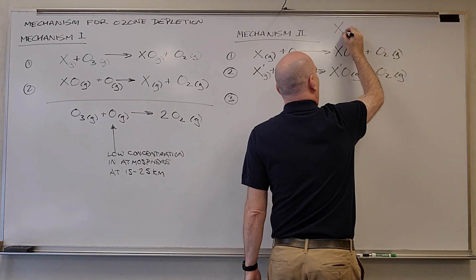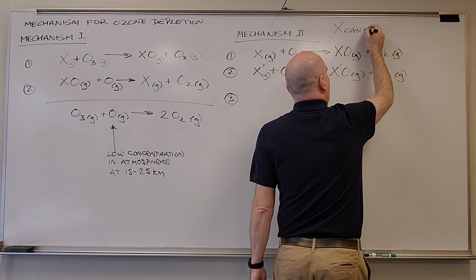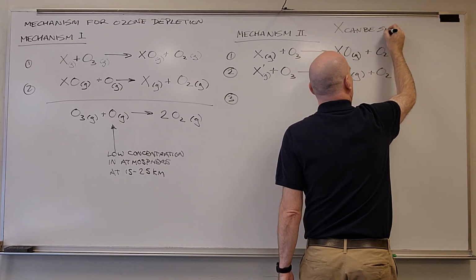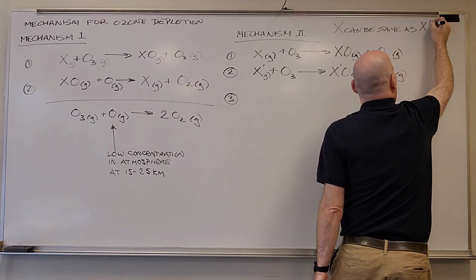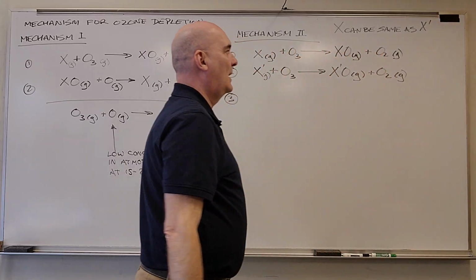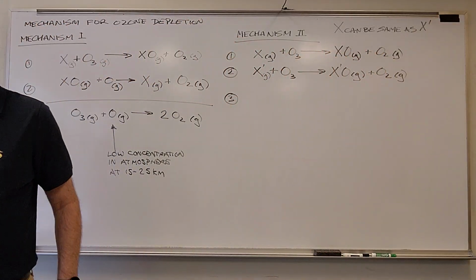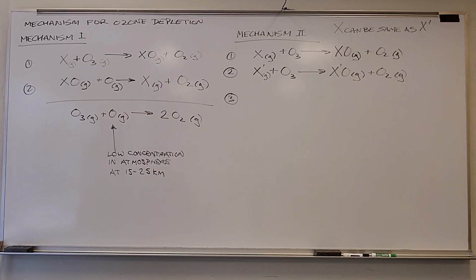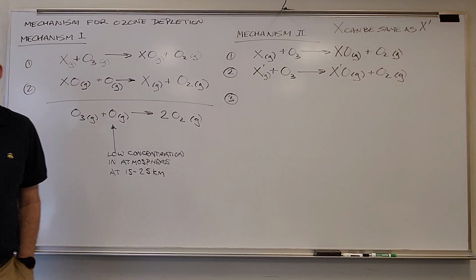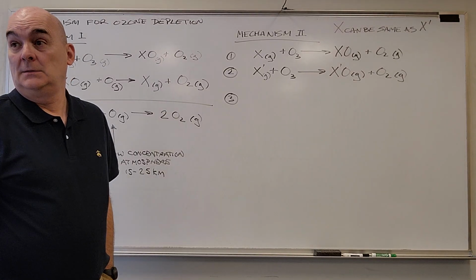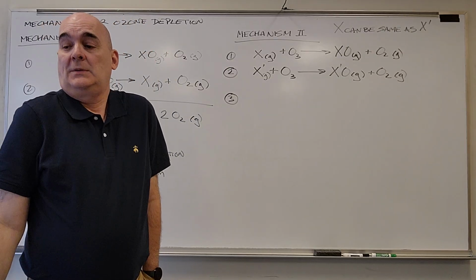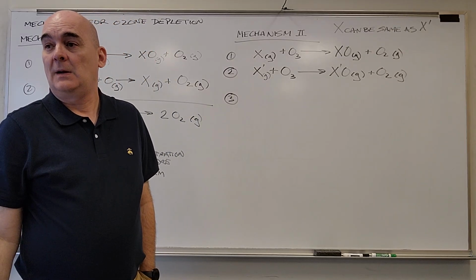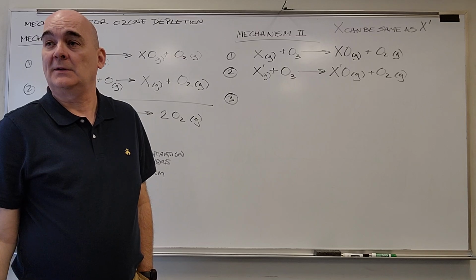Okay, X can be the same as X prime, or it could be different. Chances are they're the same. Chances are they're from the same family. One's a chlorine, one's a bromine. But they could be different. Our book doesn't want to commit itself to anything.